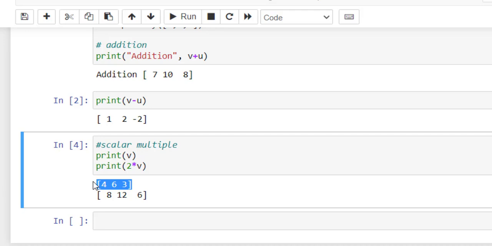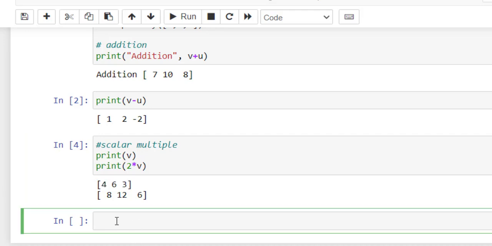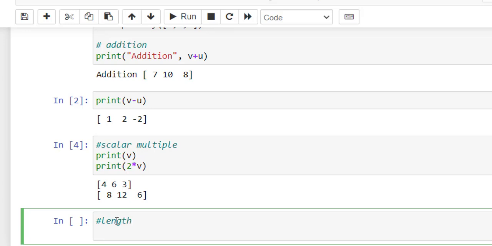And lastly, let us find the length or the magnitude of the vector. To find the length of a vector, or the magnitude, here we just say print NumPy dot linalg dot norm.